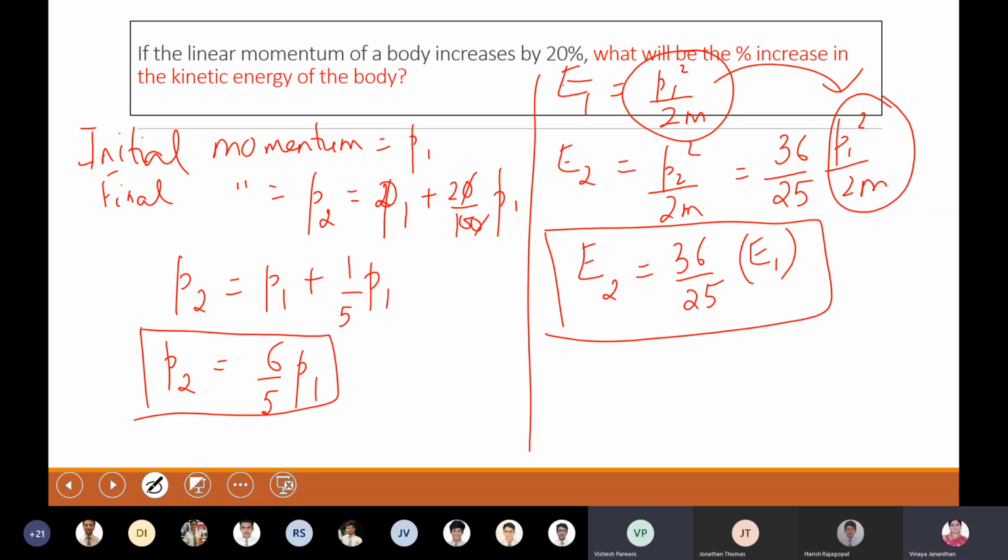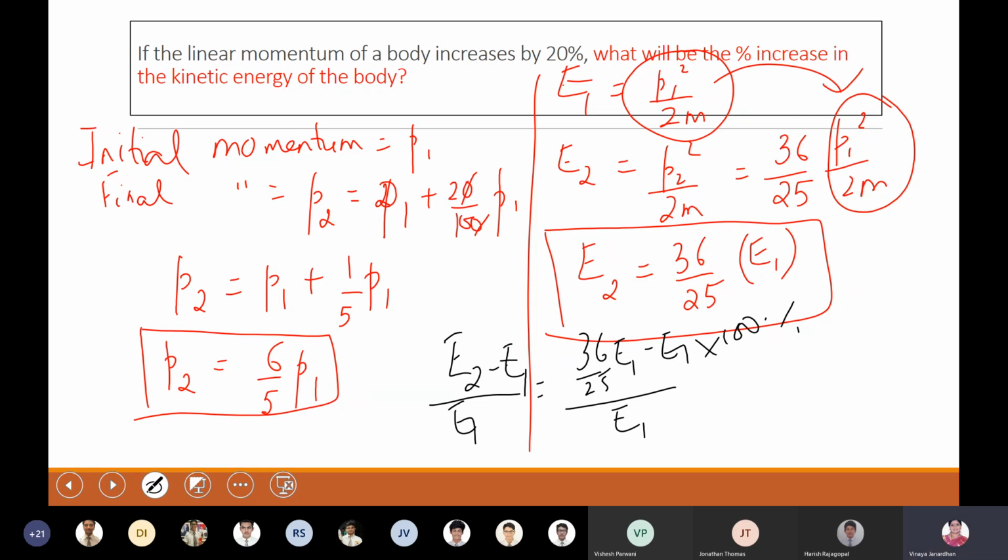Yes, ma'am. Okay. Now we'll go for the percentage. E2 minus E1 by E1 is equal to 36 by 25 E1 minus E1, divided by E1, into 100%, correct?